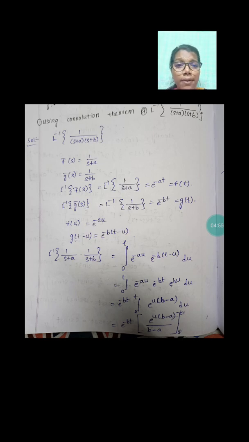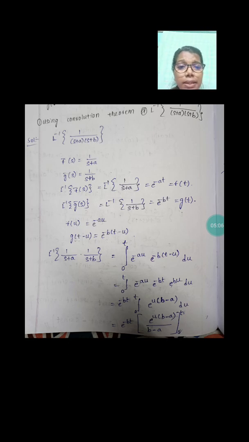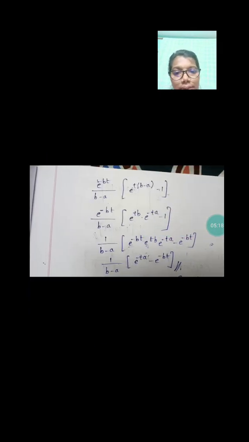We know the formula: the integral of e power ax is e power ax by a. Here in the place of a we have b minus a, so we write e power u into b minus a divided by b minus a. Then we expand the limits 0 to t.